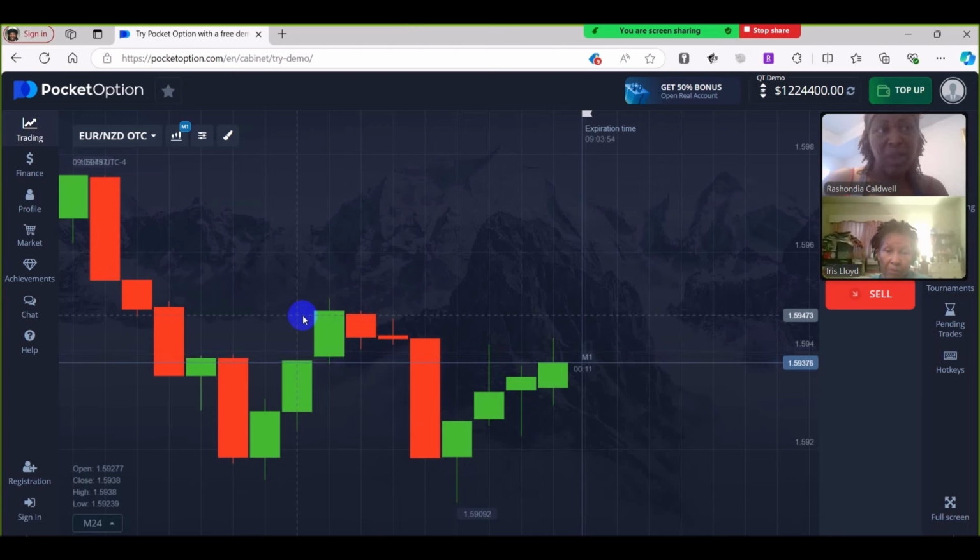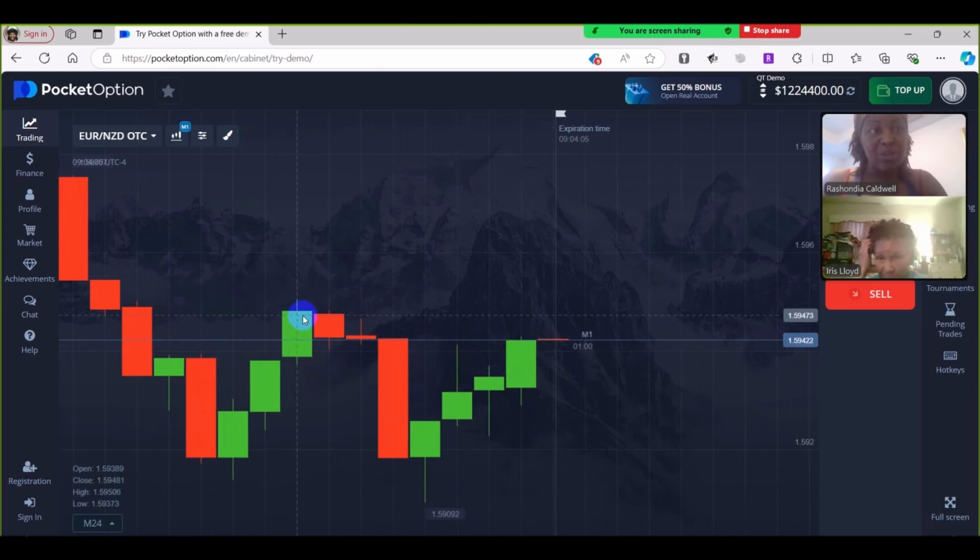It makes sense, right? If it's a green candle, it means it's going up, so it makes sense for it to close at the top. If it's a red candle, it's going down, which means it makes sense for it to close at the bottom of the candle before a new candle is started.